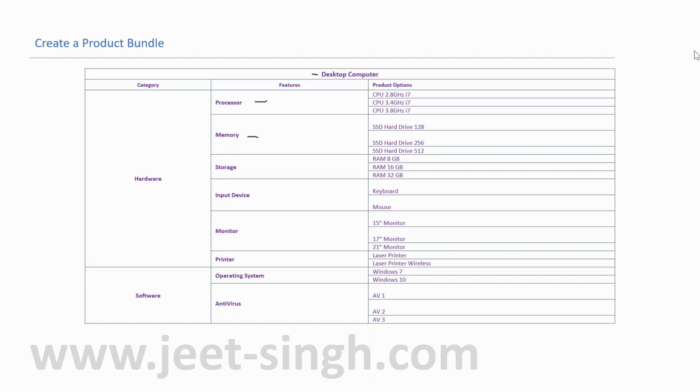Okay, so now let's go ahead and see how it works. Now if I have to go here, the first thing that I should be doing is I would need to add, I'll need to start with the first parent product, right?